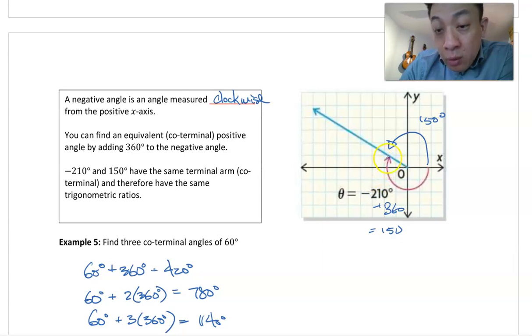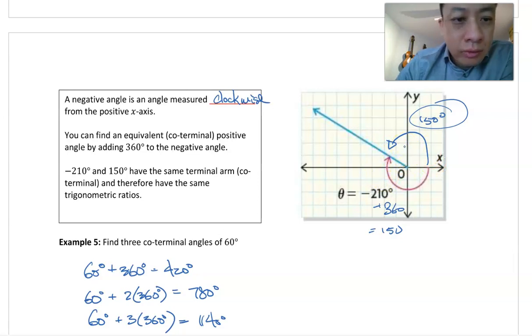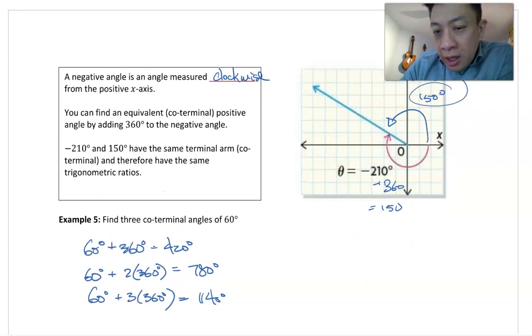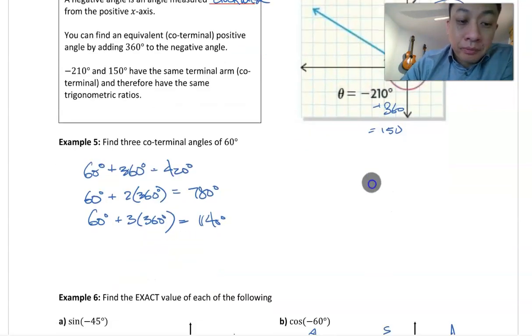If you wanted to find an equivalent coterminal positive angle, we just add 360 degrees to this. So 360 degrees added to negative 210 will give you 150 degrees as your other angle. It turns out that negative 210 and 150 degrees have the same terminal arm.